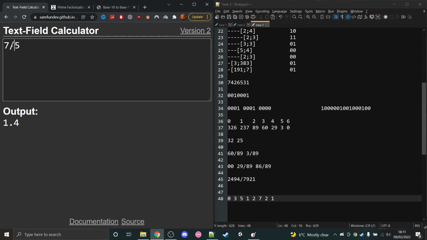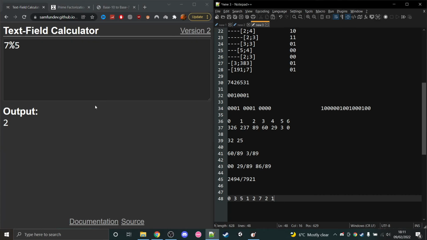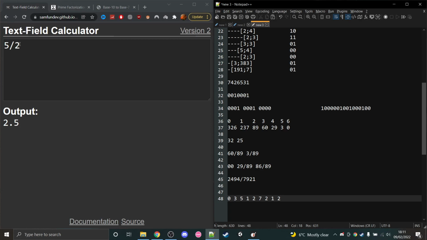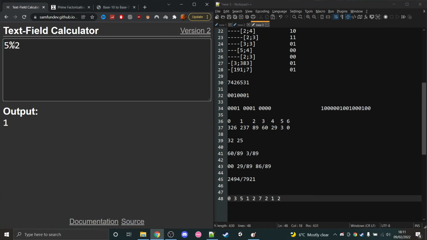And 7 modulo 5 is 2. 5 divided by 2 is 2. And 5 modulo 2 is 1. Then 2 divided by 1 is 2. And 2 modulo 1 is, well, 0. That's the end.